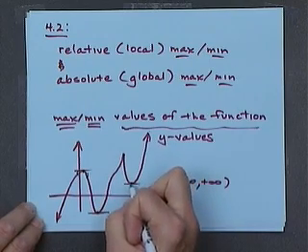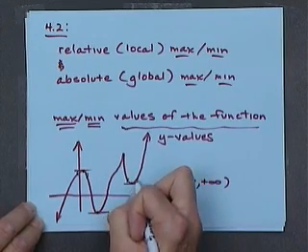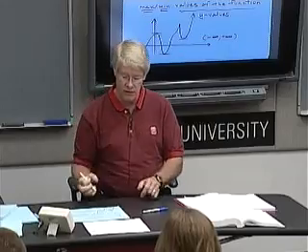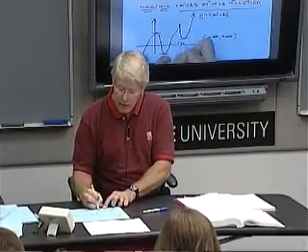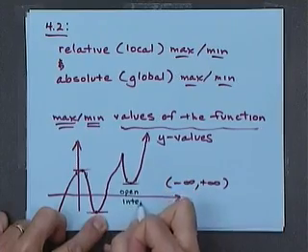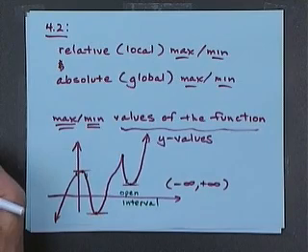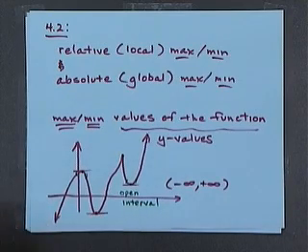This is a relative min because I'm going a little bit left of there and a little bit right of there, and of all those points under consideration in that open interval, it's as large as, if they're all the same, or, I'm sorry, as small as, or in this case, smaller than all the other y values in that open interval.